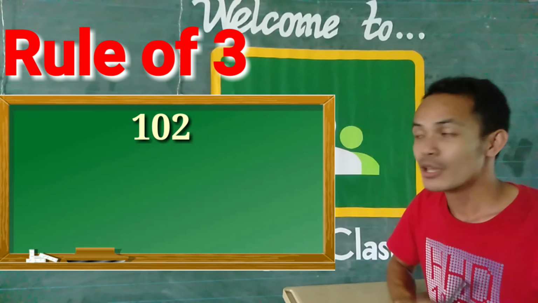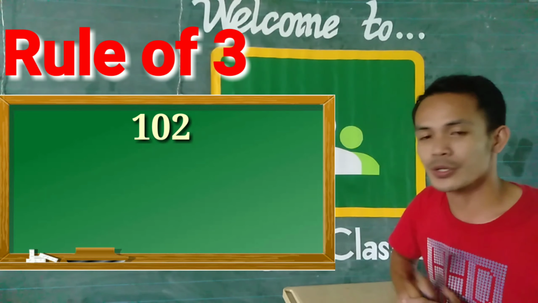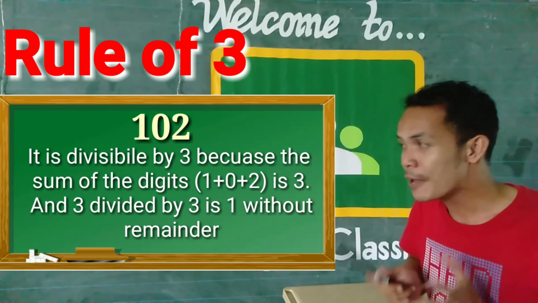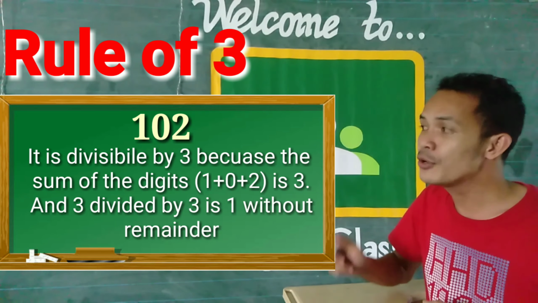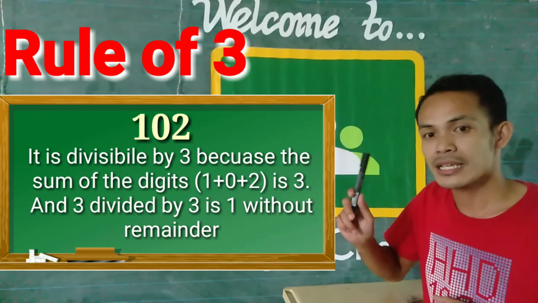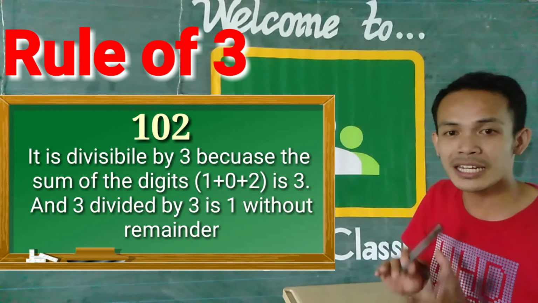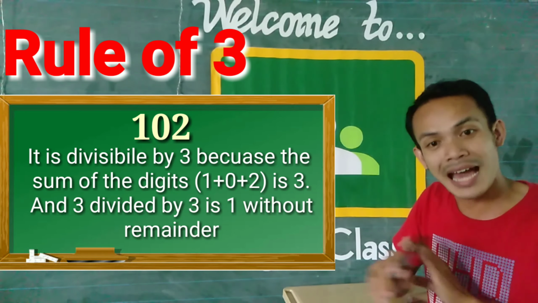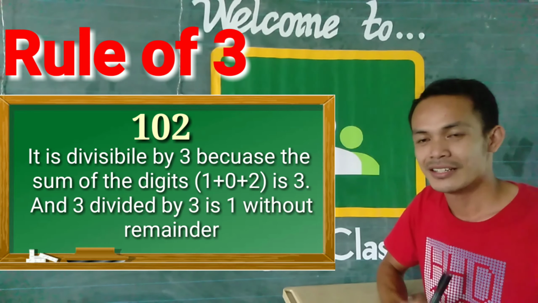Another one, 102. 102 is divisible by 3 because when you add 1 plus 0 plus 2, it is 3. And divided by 3, the answer is 1 without remainder.